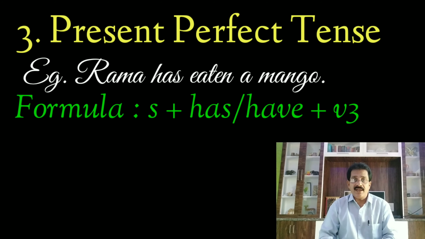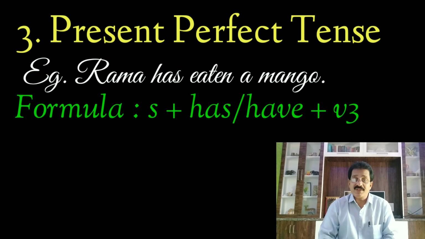The object sometimes comes, sometimes does not. So I am only talking about the basic elements that are mandatory. So in present perfect, the structure is subject plus has or have plus V3. That is, Rama has eaten a mango.